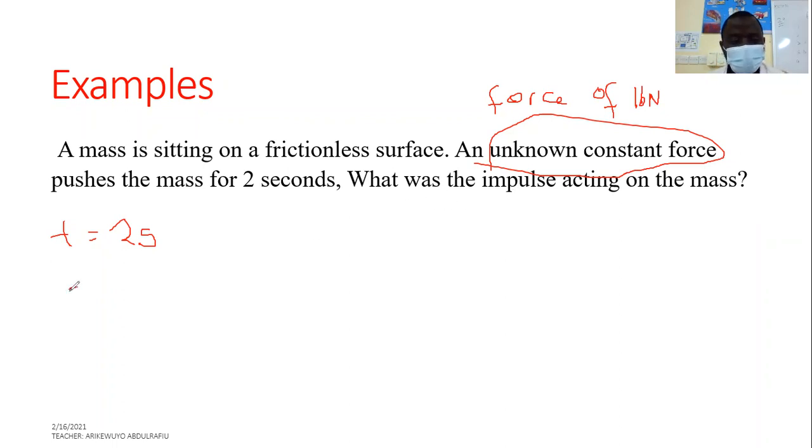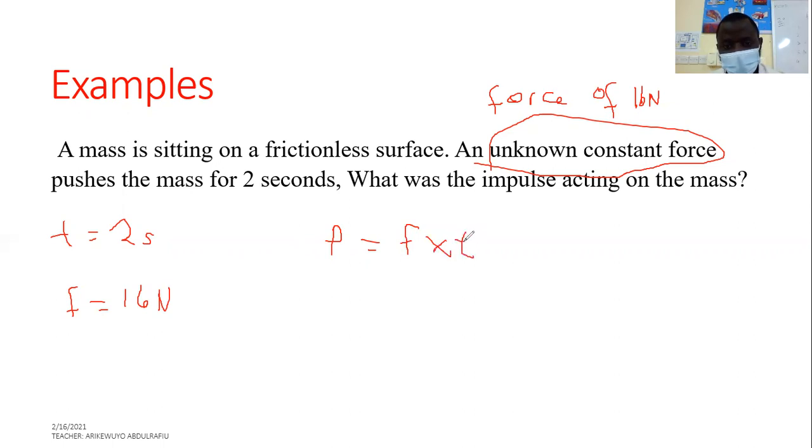Now, the force is 16 Newton, right? This is supposed to be seconds, not 5. This is 2 seconds. And this is 16 Newton. What is the impulse? Now, we have said that impulse is equal to force multiplied by time.